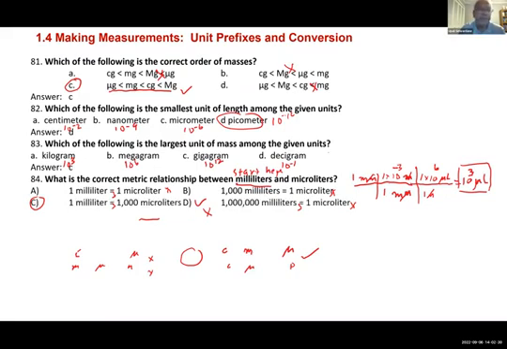Second one, B, is wrong also. But 1 milliliter is equal to 1,000 microliters. That's the correct answer. Why is D not correct? The milliliter cannot be a larger number than a smaller quantity. All are wrong because it cannot be. So C is the correct answer.